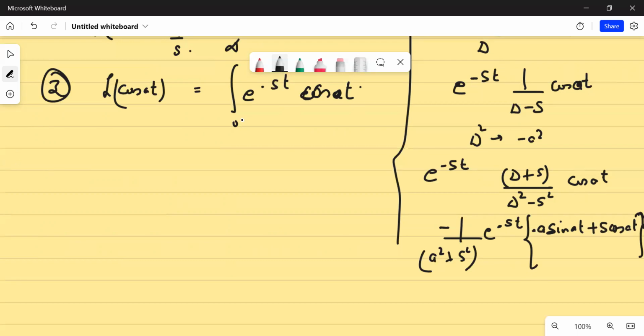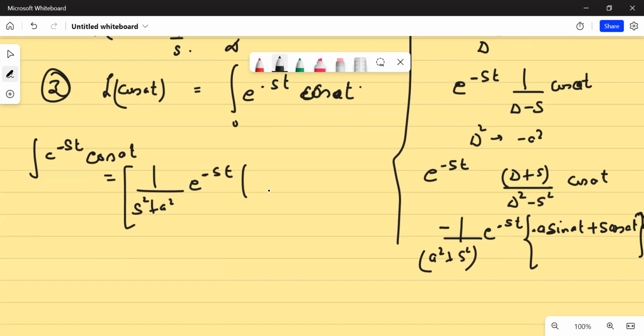Eventually, I will write that this integration, the integral of e to the power minus st cos at, will be equal to 1 upon s square plus a square, e to the power minus st, and then you have this a sine at minus s cos at, from 0 to infinity.